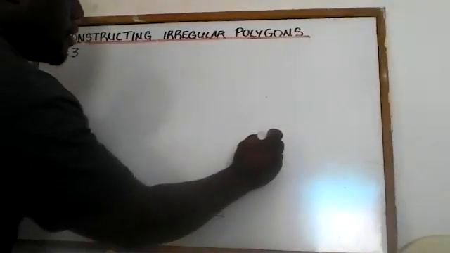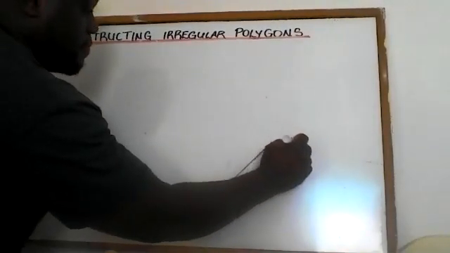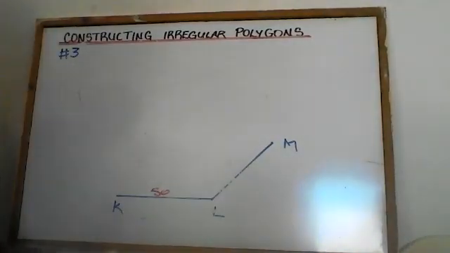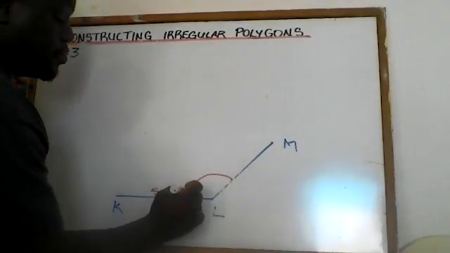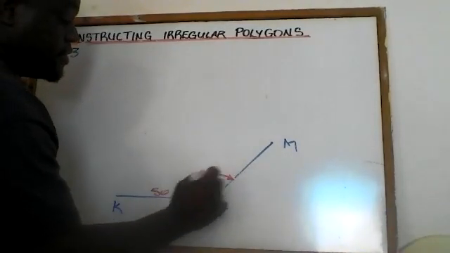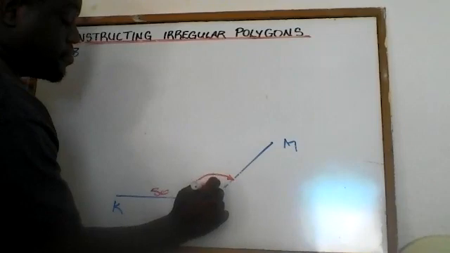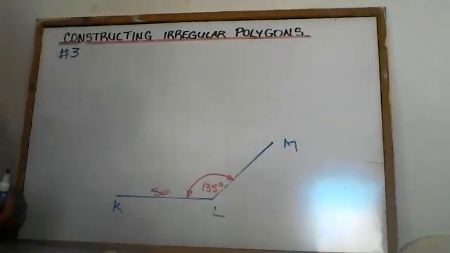This will give us point M. So right at L, our angle here is 135 degrees. It's similar to the previous demonstration that was done with number 2.